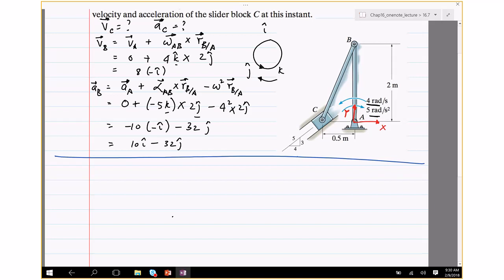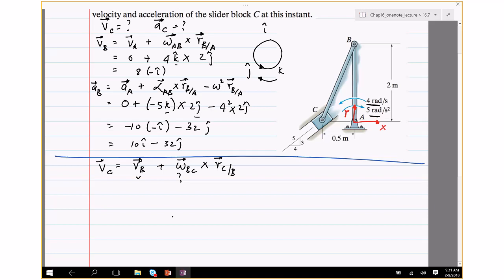Okay, so now we found everything about B. Let's move to C. So velocity of C is velocity of B plus omega BC crossed with R_C with respect to B. Okay, so we know velocity of B. We do not know the angular velocity of BC.